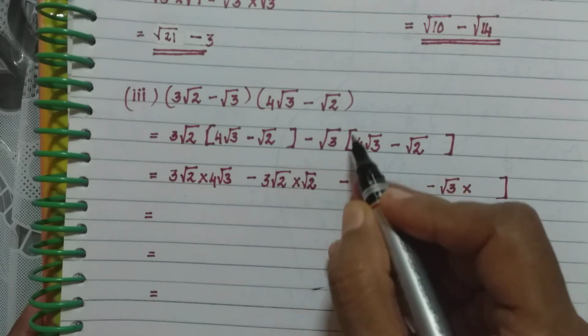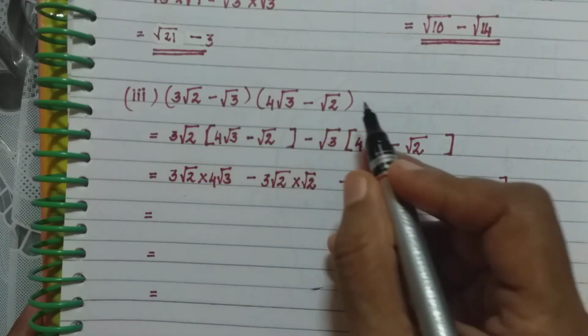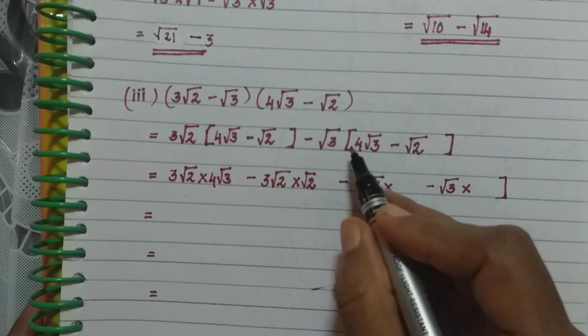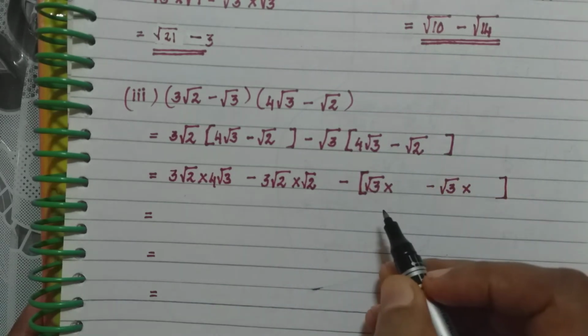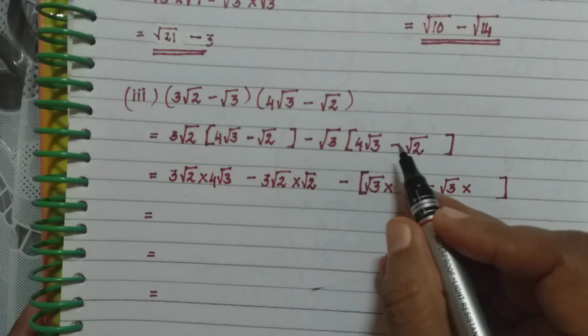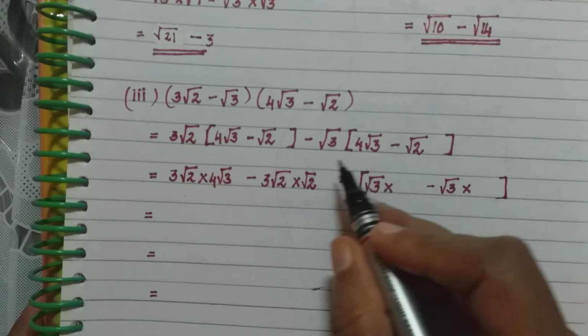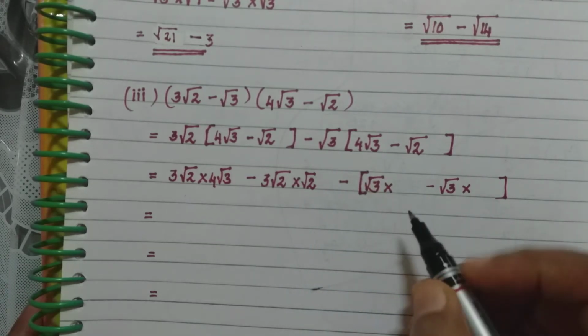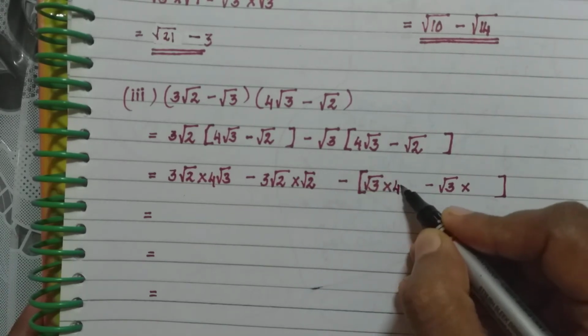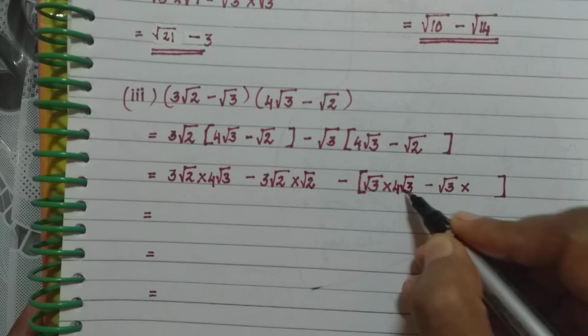Okay, here we have minus root 3, that is this, multiplying with this whole bracket 4 root 3 minus root 2. Minus root 3 into 4 root 3. Okay, so first it will be minus root 3 into 4 root 3.